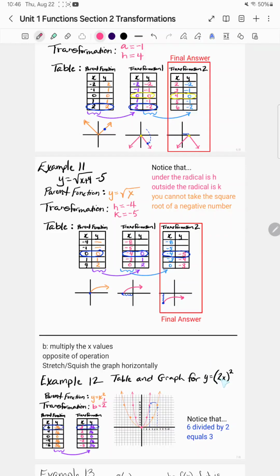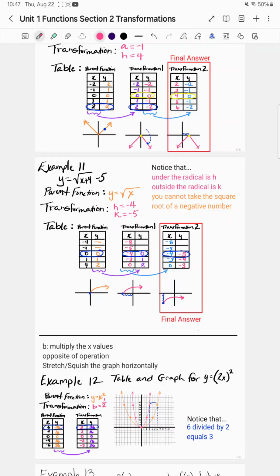If it says times, that actually means I need to divide or multiply by that fraction. So if it says times 2, what I'm actually doing is 1/2. 1/2 is the same thing as dividing by 2. So if I multiply by 1/2 or I divide by 2, it does the same thing.